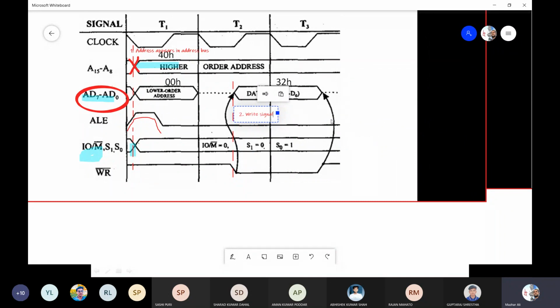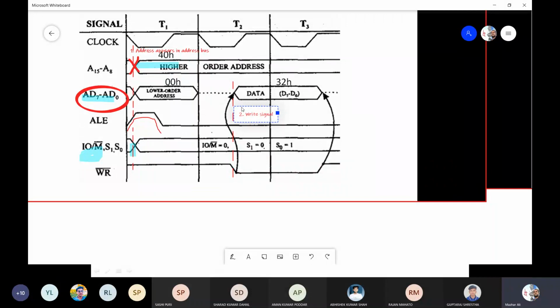The data that needs to be written to the memory also appears in the data bus, and this data is coming from the microprocessor to the data bus. Who is sending the data? The microprocessor is sending the data to the data bus. In memory read and opcode fetch, the data was coming from the memory to the data bus. Over here, the data to be written is coming from the microprocessor to the bus.